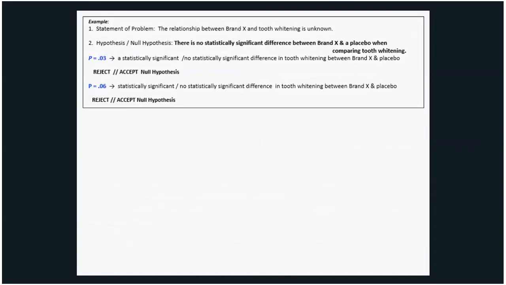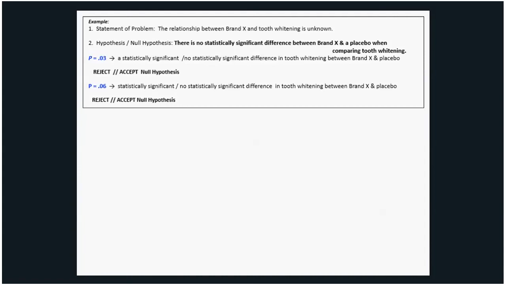Okay, let's look at another example here then. Statement of the problem: the relationship between brand X and tooth whitening is unknown. And then we're going to say there is no statistically significant difference between brand X and a placebo when comparing tooth whitening. So we're basically saying that with this particular statement, brand X has no effect on whitening.